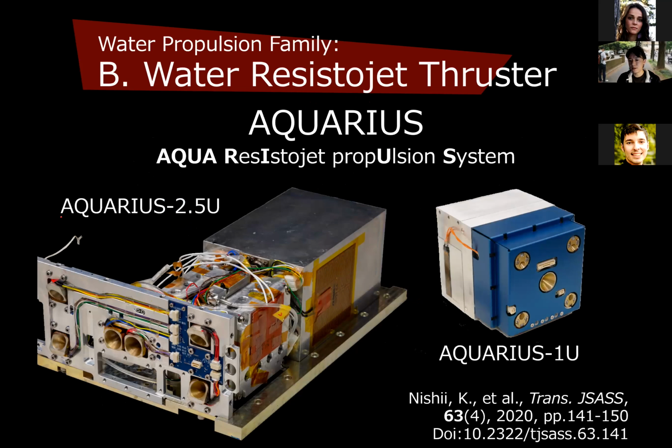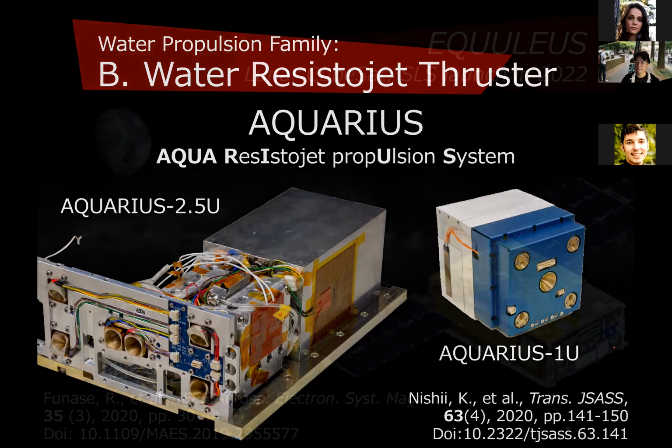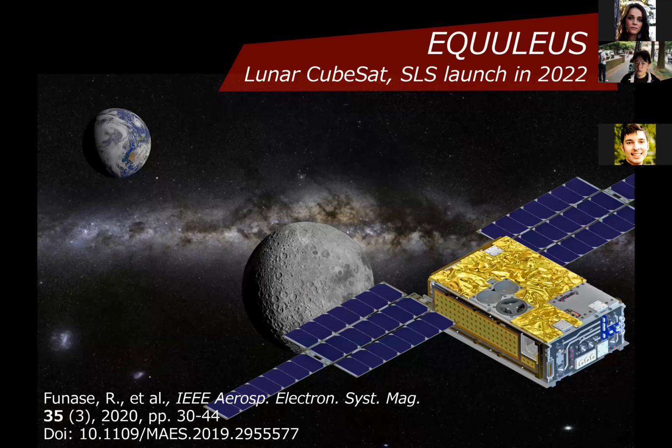The propulsion systems are called AQUARIUS, AQUARIUS 2.5U and AQUARIUS 1U. And one of the propulsion systems was installed in a 6U CubeSat, EQUULEUS. This EQUULEUS is now installed on the SLS, NASA's very big launch vehicle, and this year we are waiting for the launch.